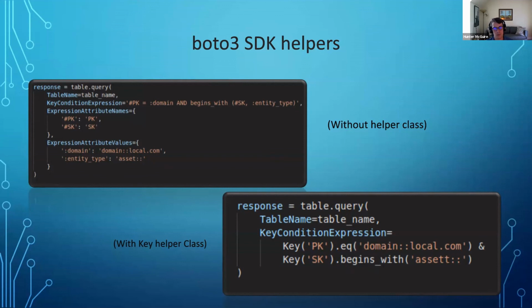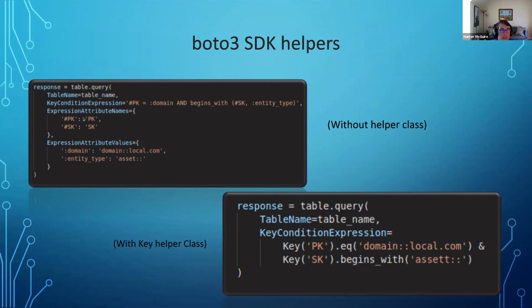But with this simple class, the key class, if you look in the condition here, I'm saying #pk equals :domain and begins with #sk, :entity_type. That looks really confusing, but what we're doing here is essentially interpolation. If you're familiar with string formatting, we're just injecting variables here with mapping.